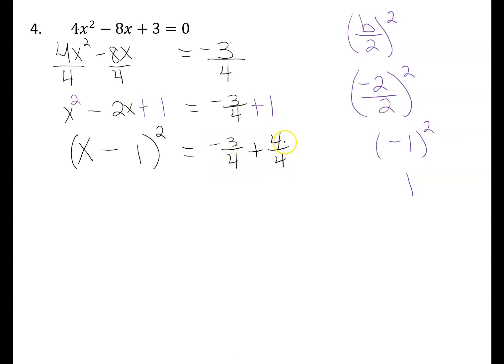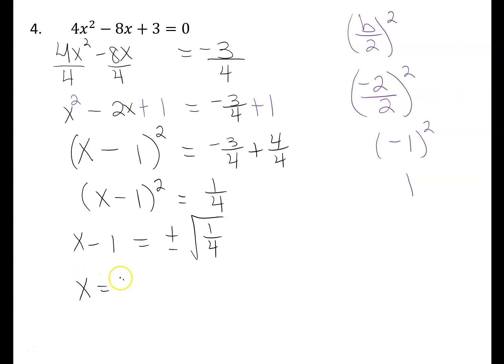So then when we combine the numerators, negative 3 plus 4 is a positive 1. So 1/4 on the right side. Now we will square root both sides. Plus or minus square root of 1/4. And on the next step, I'm going to go ahead and add the 1.